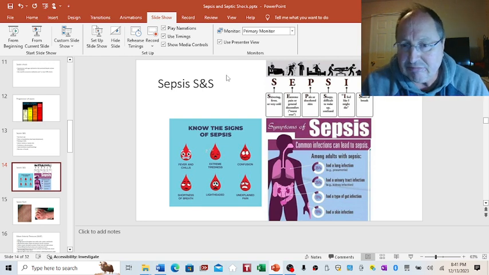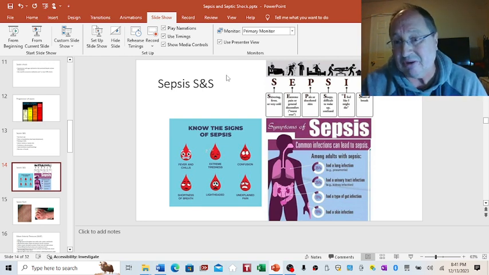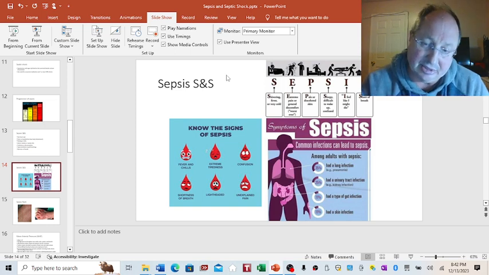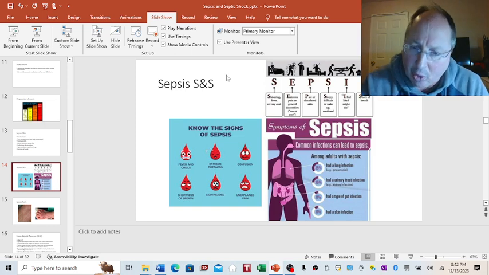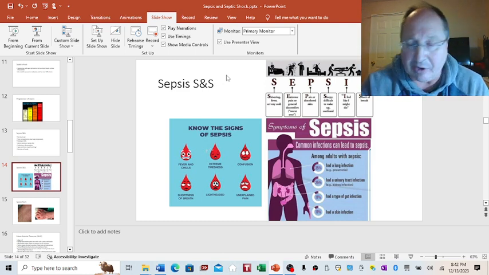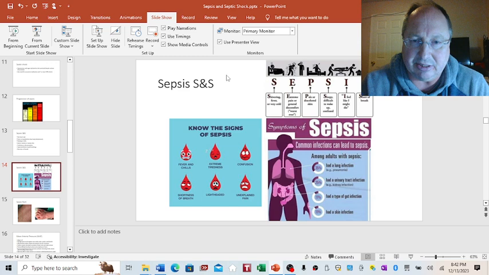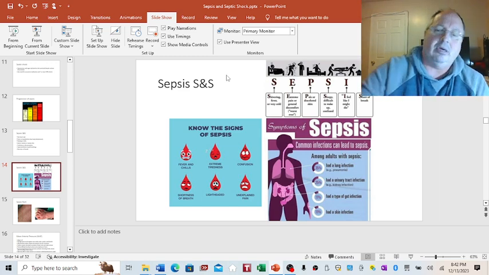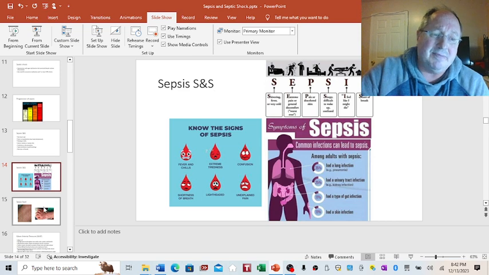The lung infection is usually the most common, with about 35% of people coming in with pneumonia or something like that. UTI, especially, you see more in older people. A gut infection, a ruptured bowel. Now they're septic because they didn't get treatment. There are just all kinds of things like that.